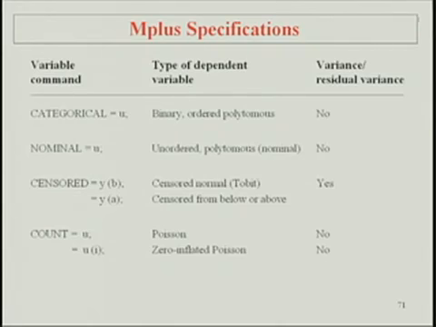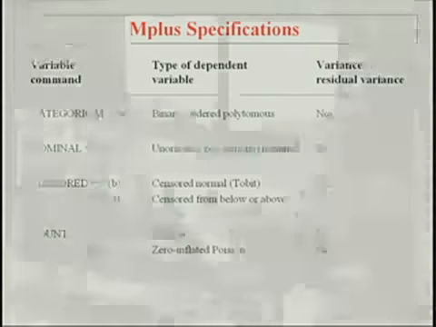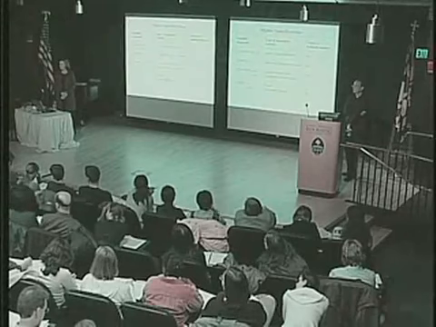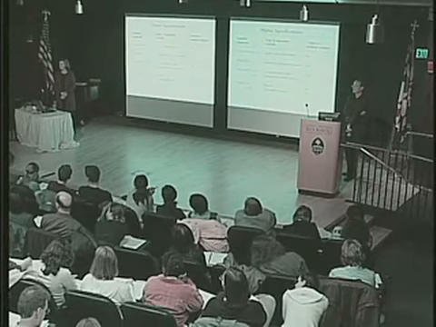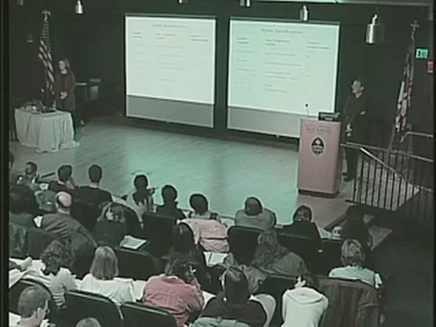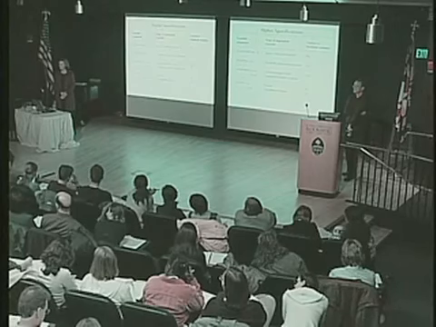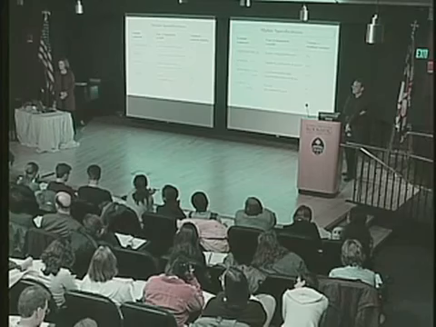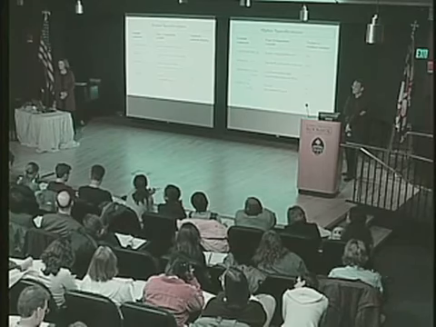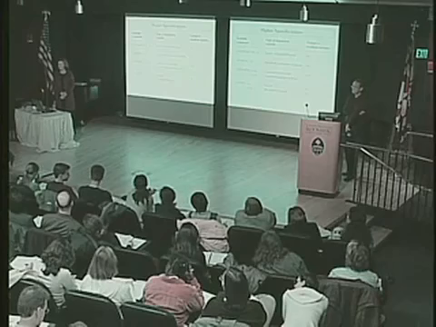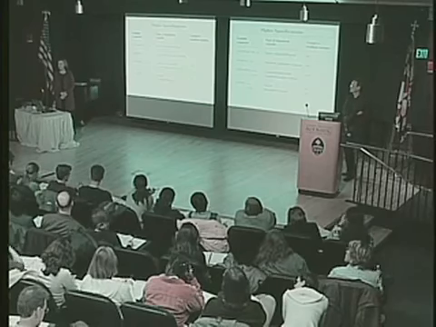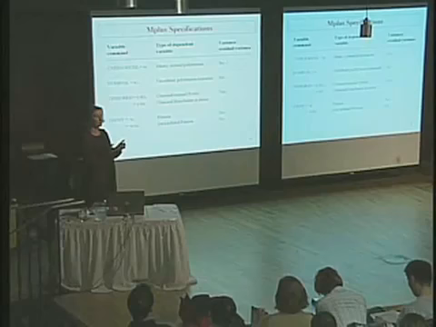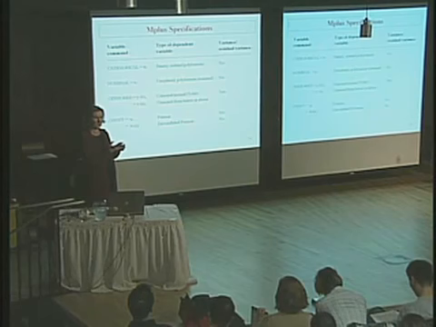Any other questions right here? So I was trying to understand the difference, if you have censored normal data, between censored and zero inflated Poisson, which is maybe a better model. So the question is the difference between censored and inflated Poisson?